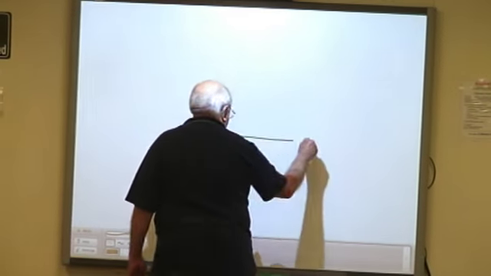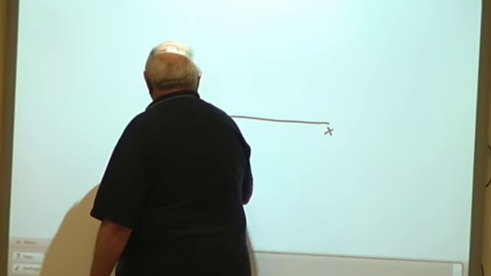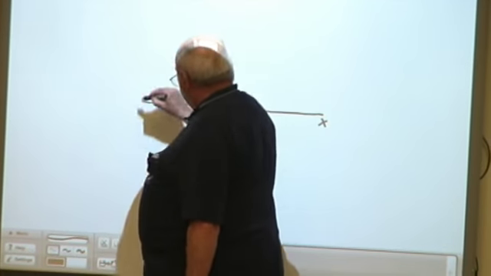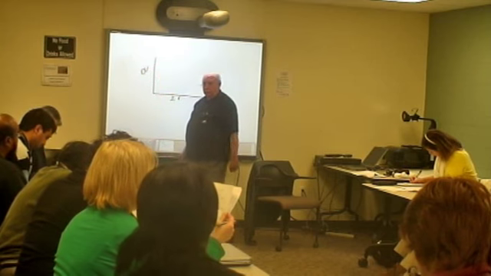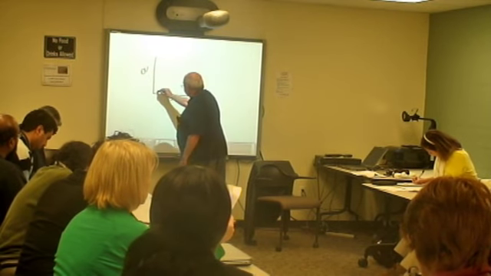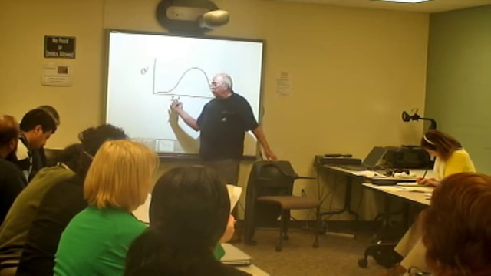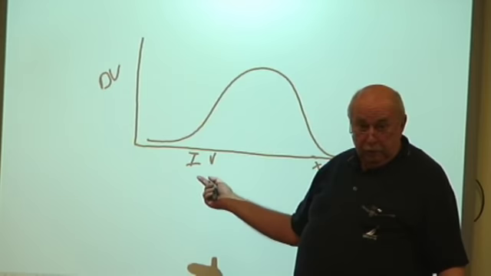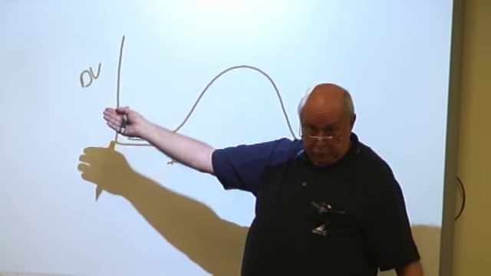The x-axis, this is x, is the independent variable, and the y-axis is the dependent variable. So if I do this, the independent variable is the cause, the antecedent. The dependent variable is the effect or the consequence.